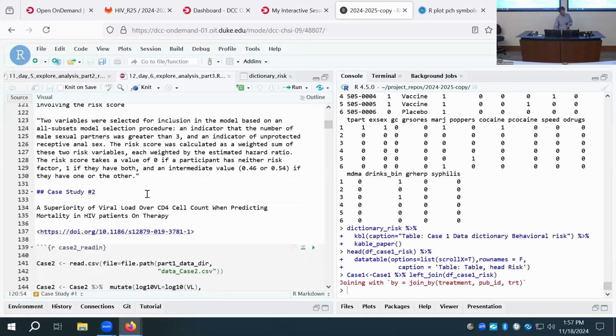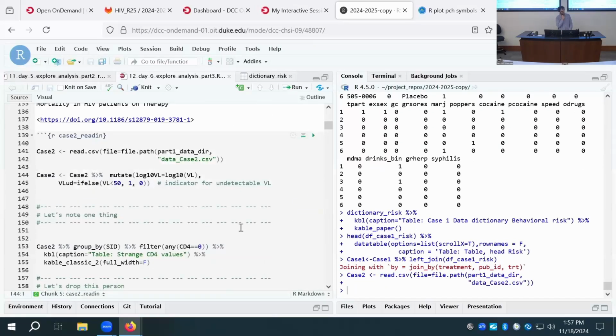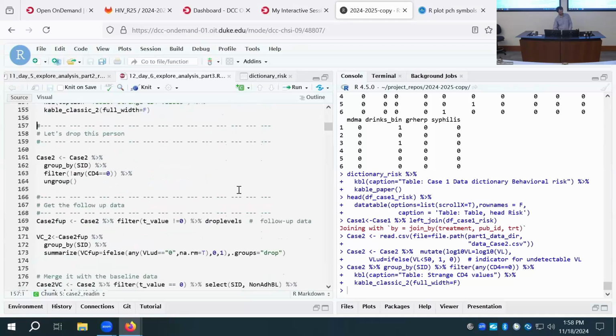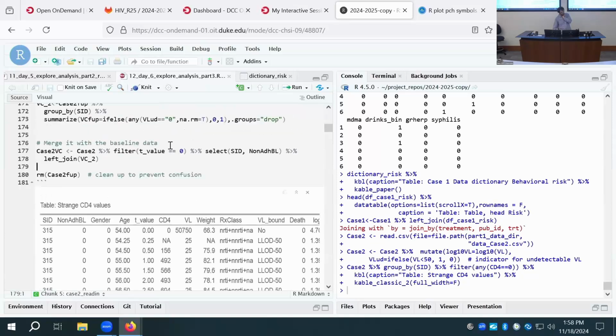Okay. Case study 2, read that in. We'll calculate the log 10 viral load. We'll do whether or not it's at a lower limit. And then, we talked about this, the person that has 0 CD4 counts. It is very rare, but it is possible. All right. Well, we're going to remove this person for now.